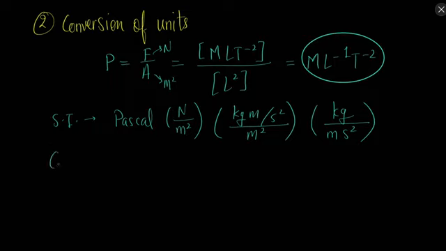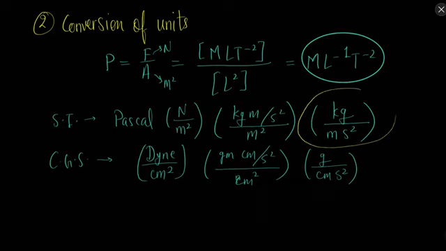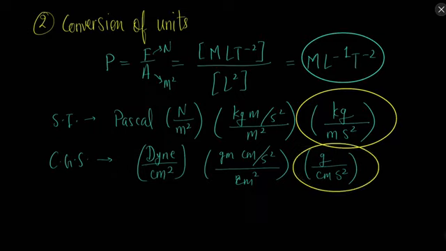Now in CGS units, we can write this as dyne upon centimeter square, or gram centimeter per second square upon centimeter square, or gram per centimeter per second square. So finally we have these two things in terms of the fundamental quantities.